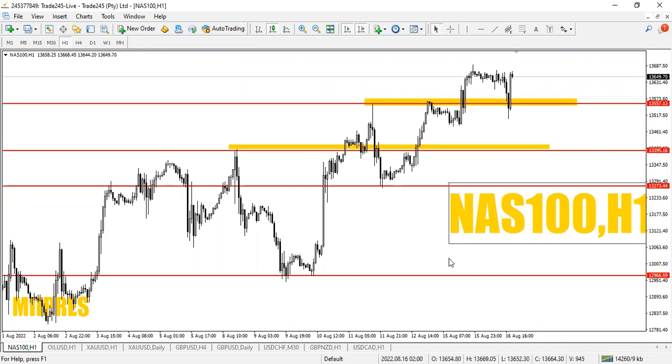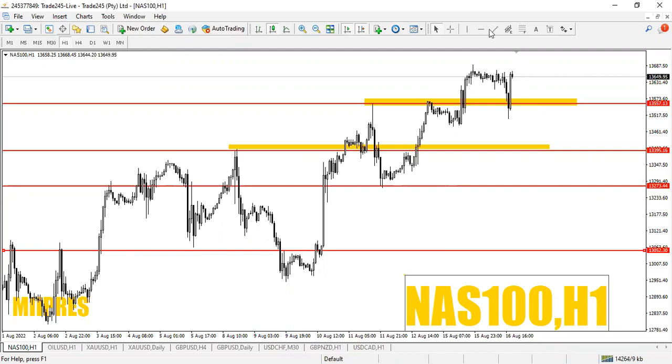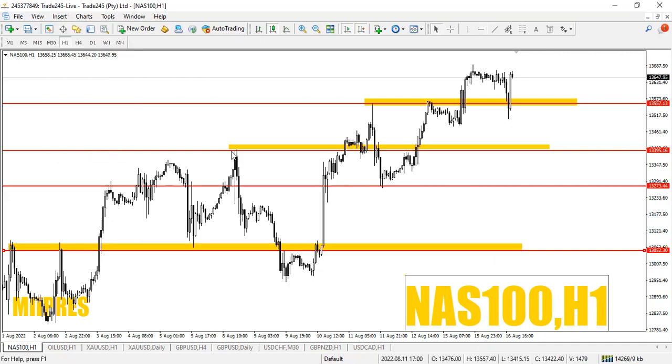So the market keeps breaking this high. This was another high here, another previous high. The market keeps breaking these highs. What that means is the market is actually moving up.